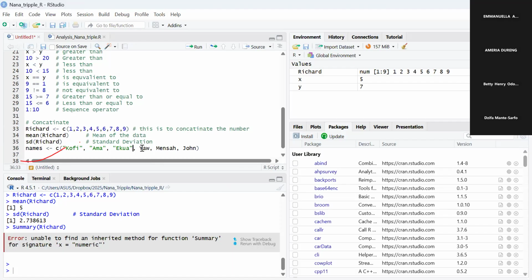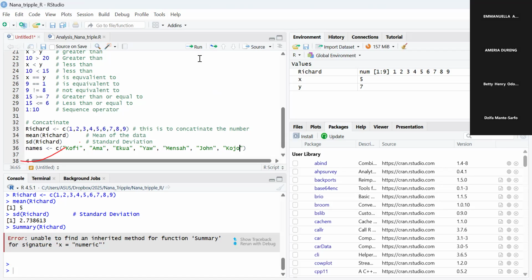Or you can start with a quotation mark if you are typing. Once I open one, it will give me both ends. So I'll say maybe Kojo.